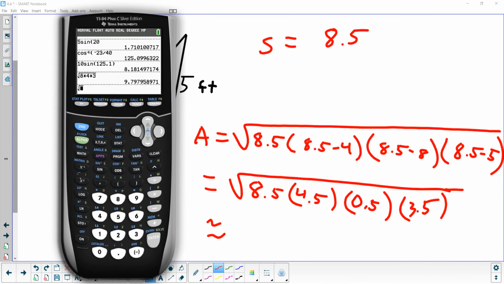All right, so square root of 8.5 times 4.5 times 1/2 times 3.5, and I get 8.18, which is exactly the answer we got when we did it with the law of cosines.